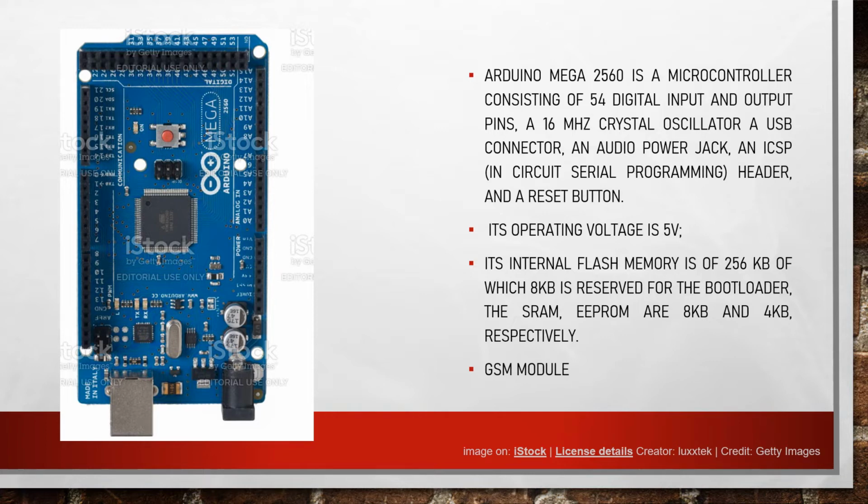The operating voltage is 5 volts, internal flash memory is 256 kilobytes, and 8 kilobytes is for the bootloader. All these things you already learned about when you learned about Arduino Mega boards in the 4th module.